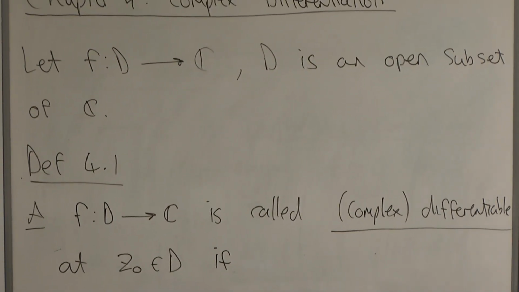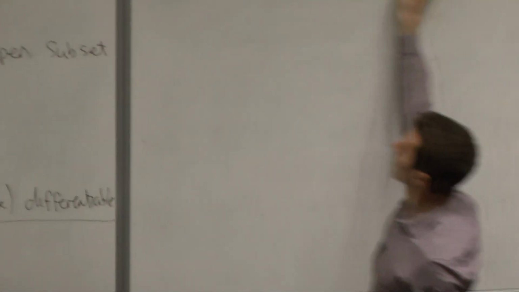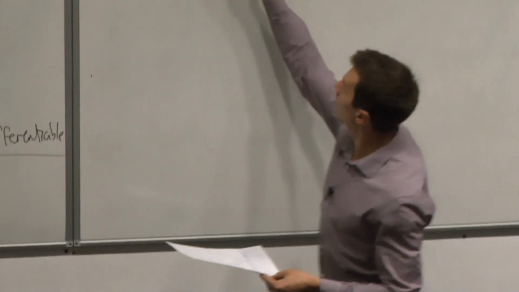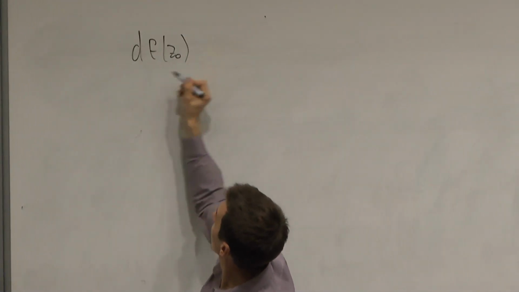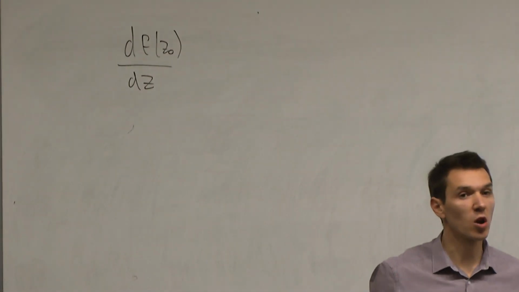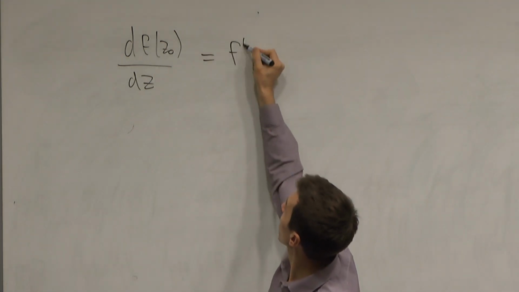Okay. And again, this is very similar to what you've seen in real analysis, but now functions are in terms of complex variables. Right, so if df at z0 dz, so the notations in the complex case are also similar, or we can use f prime.